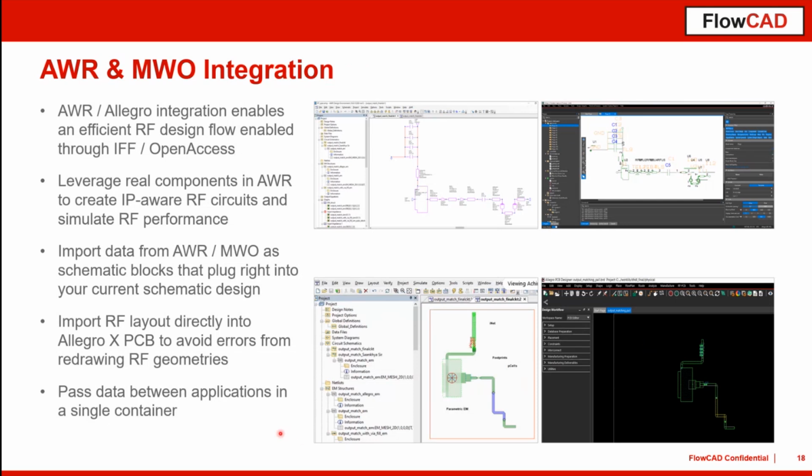The advantage here is pretty clear. You don't have to redraw this RF structure in PCB or in Allegro. Thereby you get rid of errors, avoid errors, because you don't have to redraw. So this tight connection, not integration, but tight connection, is also available now.